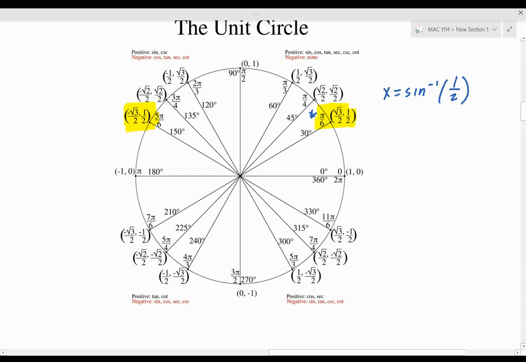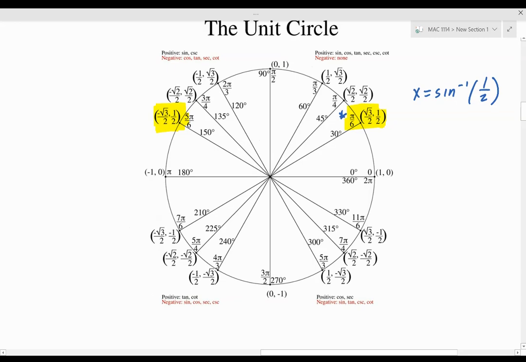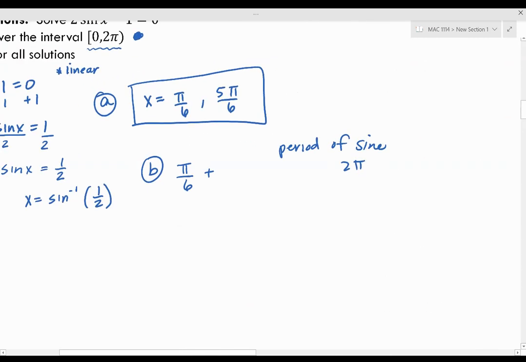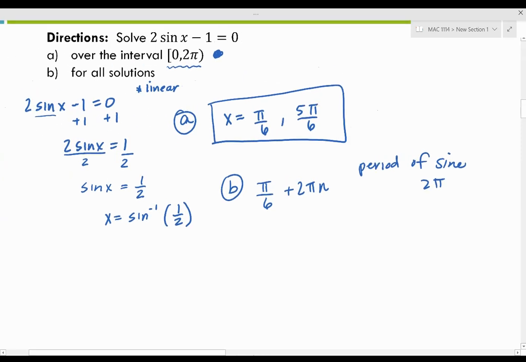So I'm going to take pi over 6, and I'm going to add 2 pi n to it, okay? The n just stands for any number that I want. It will constitute how many rotations I make around the unit circle. Every time I move positively around the unit circle, I can replace n with a positive value. Every time I move backwards around the unit circle, I can let n be a negative number.